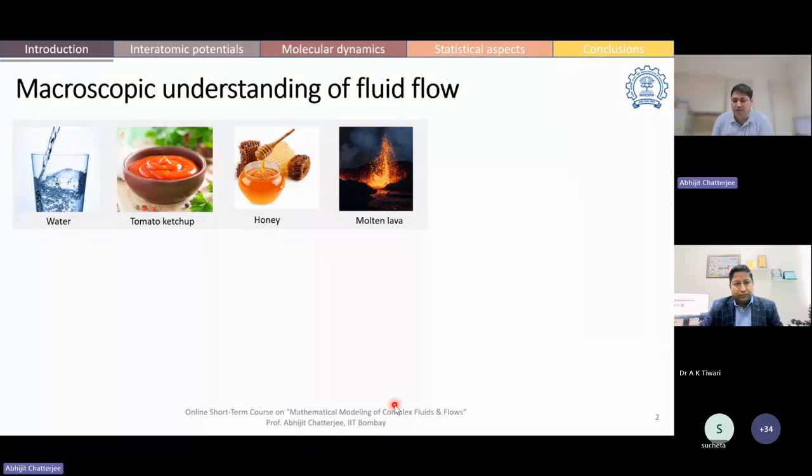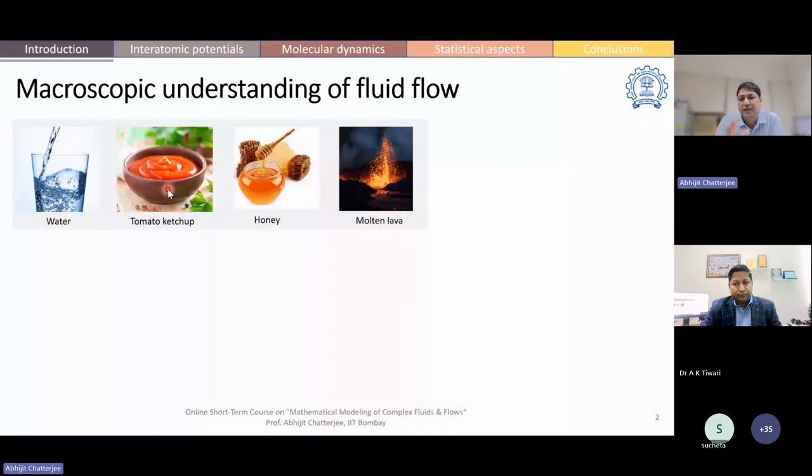Let me connect you to the general understanding. In nature, we come across fluids very frequently, and here are some examples of fluids flowing. Some of the flows are quite fast, others slower.